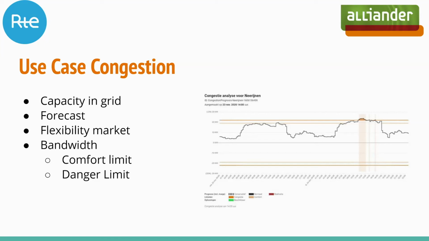We have two limits. We have a comfort limit and a danger limit. The comfort limit says, okay, watch out, we're going to have an issue. But the danger limit says we're definitely going to have an issue, meaning we're going to have congestion. So we have to bring down the capacity. What happens most of the time is that we ask within the market.